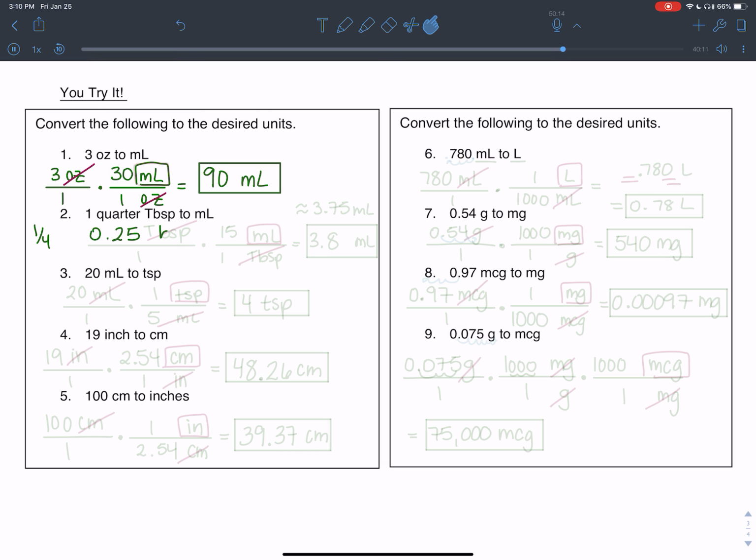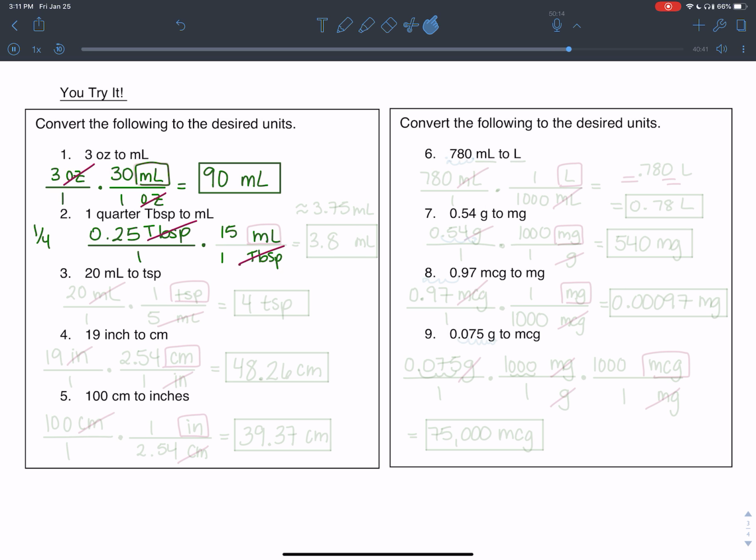And then I'm going to multiply by the conversion with tablespoons in the bottom and milliliters in the top, right, to get them to cancel. There is 15 milliliters in 1 tablespoon. And now I get to see my tablespoons canceling, and I'm left over with milliliters. I got to do this math. I can't do it in my head.